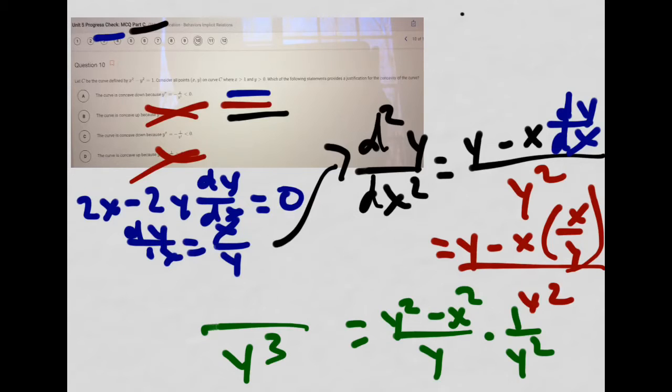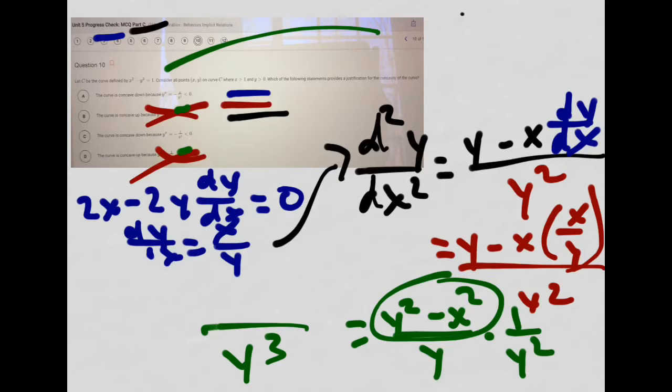We can see that in each of these answers you're dividing by y cubed. So where are we getting this numerator from? Well, y squared minus x squared is the same as taking the original equation, subtracting the 1 on both sides, subtracting the x squared and adding the y squared on both sides.